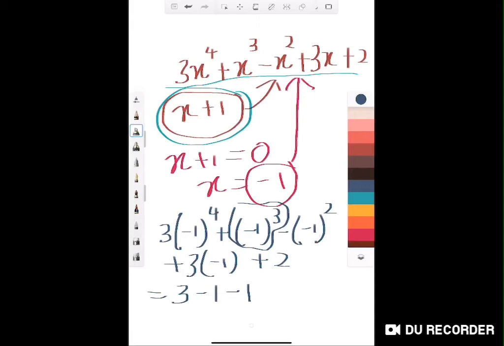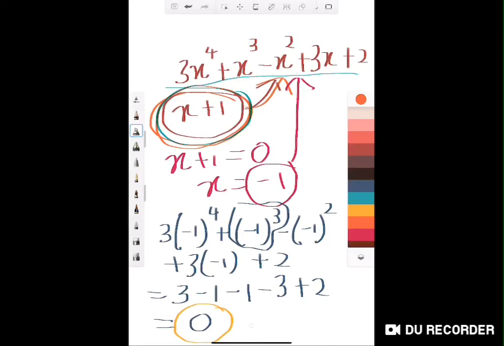Then 3 times negative 1 is negative 3, and then plus 2. So 3 minus 1 is 2, 2 minus 1 is 1, minus 3 you get negative 2, then you plus 2 you get 0. Okay, if you get remainder 0 here, it means x plus 1 is a factor of this polynomial.